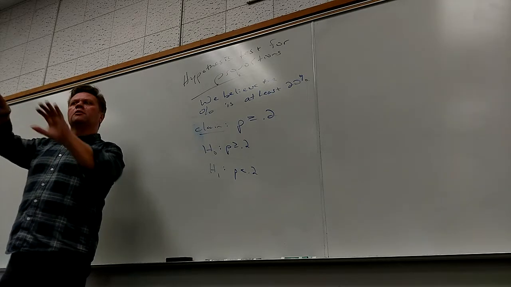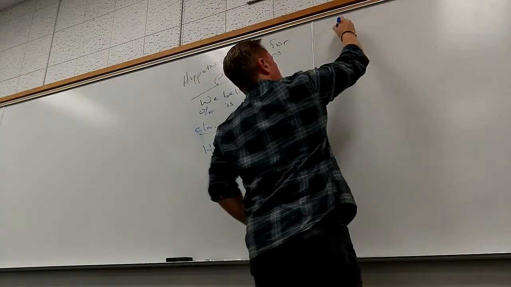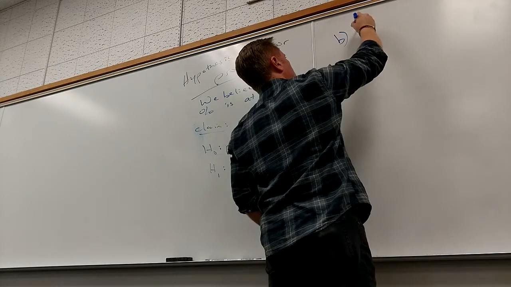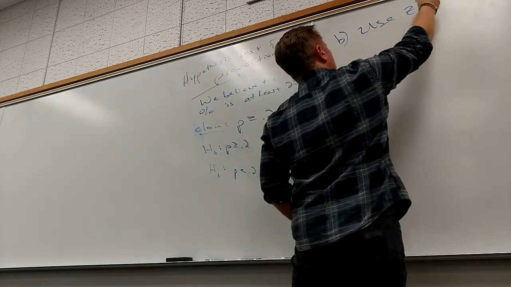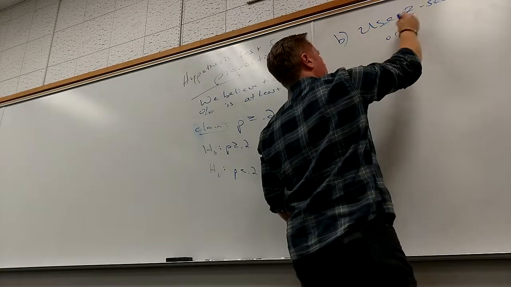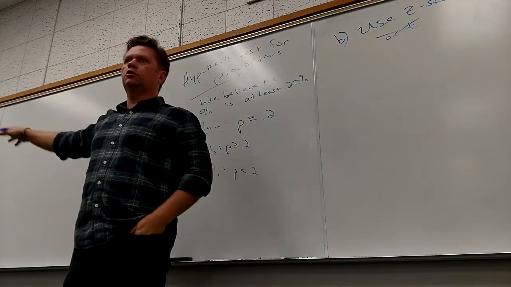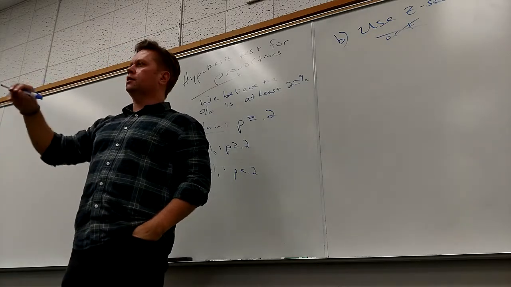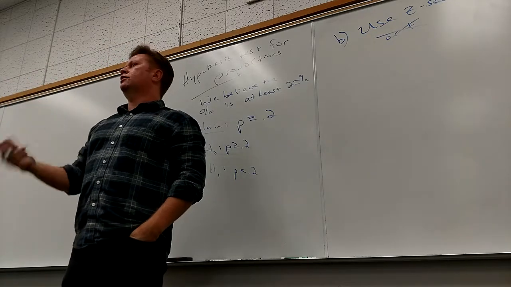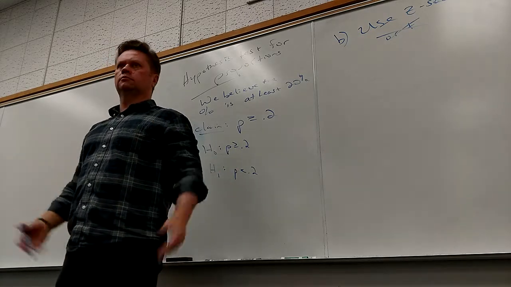Alright, so here come the big differences. One of the first big differences is use T or use Z scores. For proportions, T's don't work. You don't use T's ever for a percentage problem. Why? Because I create the standard deviation. I always know the population standard deviation because I create it.